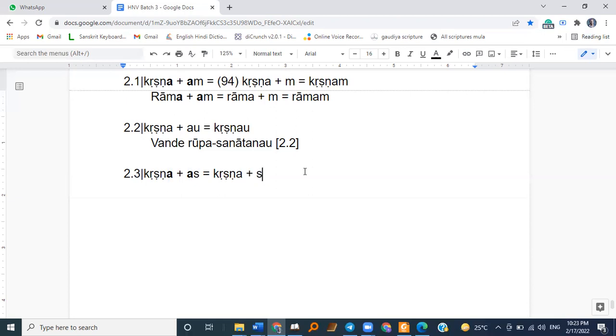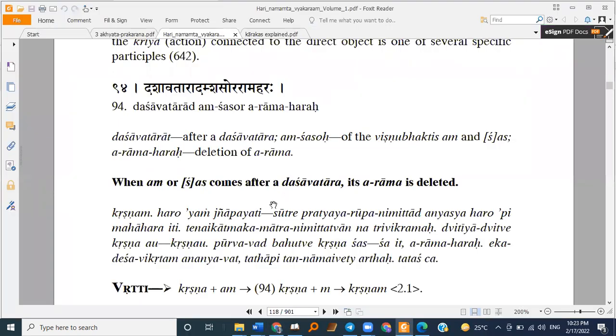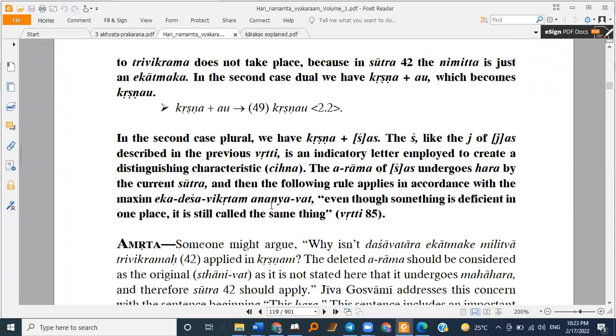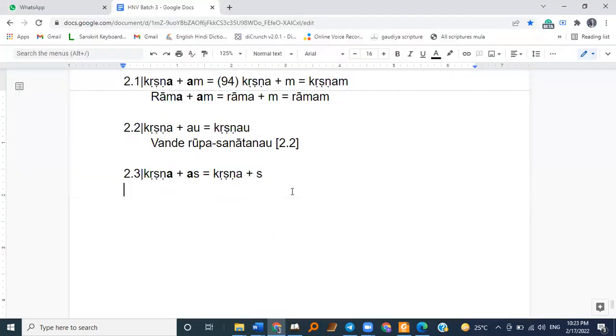Okay. Now there is one concept. What is the concept? Sthanivat, no. Ananyavat. Ekadesha Vikritam Ananyavat. You may write it. Ekadesha Vikritam Ananyavat. Which means that, see, ideally this pratyaya is Shas.